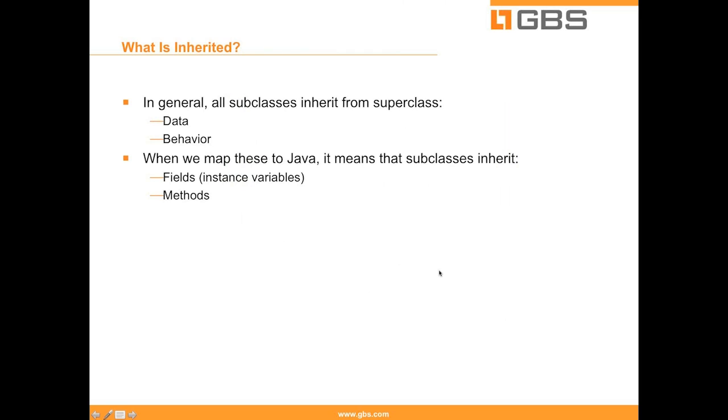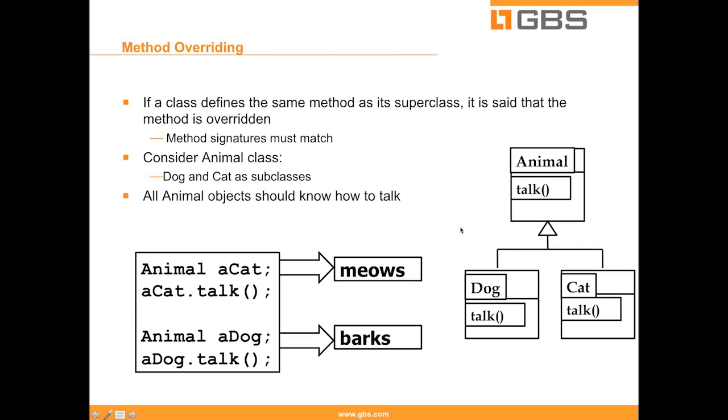For the most part, when you get into inheritance, in general, all subclasses inherit from superclass data and behavior. And we map that the subclasses are going to inherit all of the fields as well as the methods, and we'll look at a concrete example of that. One thing about extending a class is that you can then get in and actually override the method.